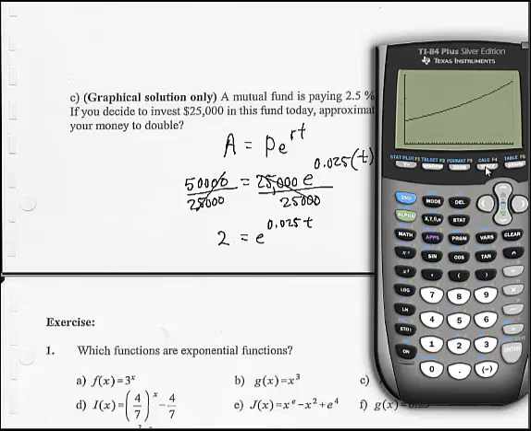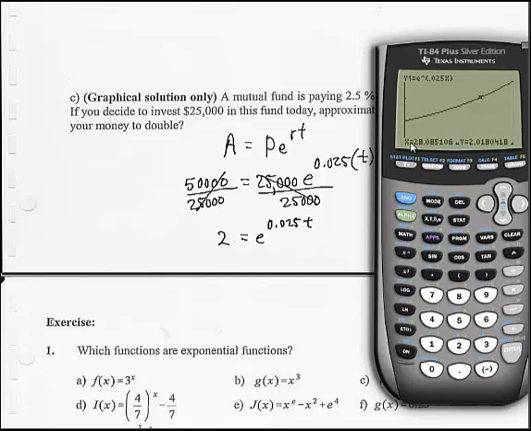So let's trace. And if we hit trace, we're on our curve, and we want this to give us a y of 2. I'm at x equal 20, so the time 20 years is not enough. I keep moving over to the right, and there we go. If I scroll over to the right with my arrow key, I can find the output that I want, and according to this equation it's 2.